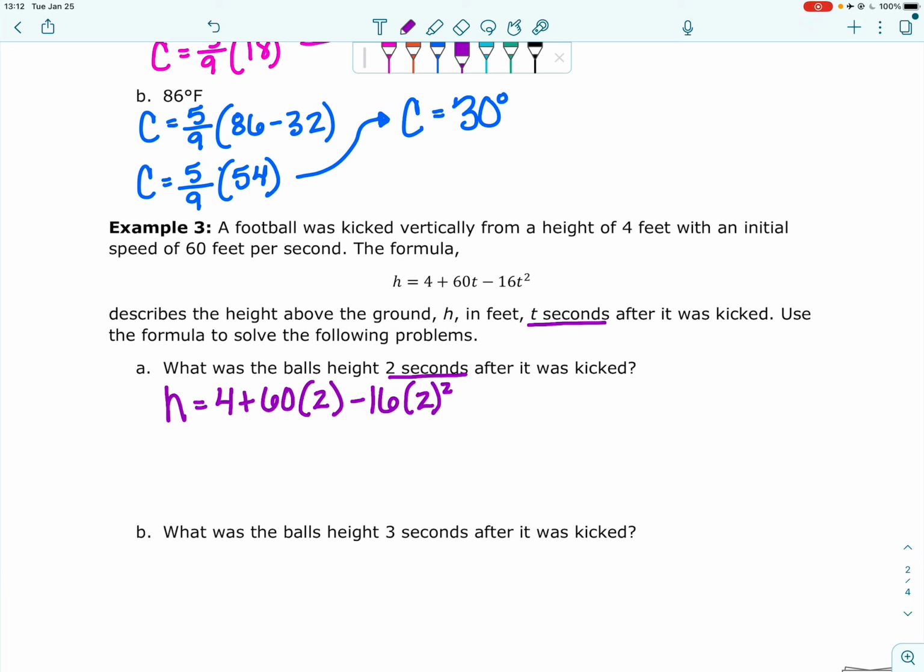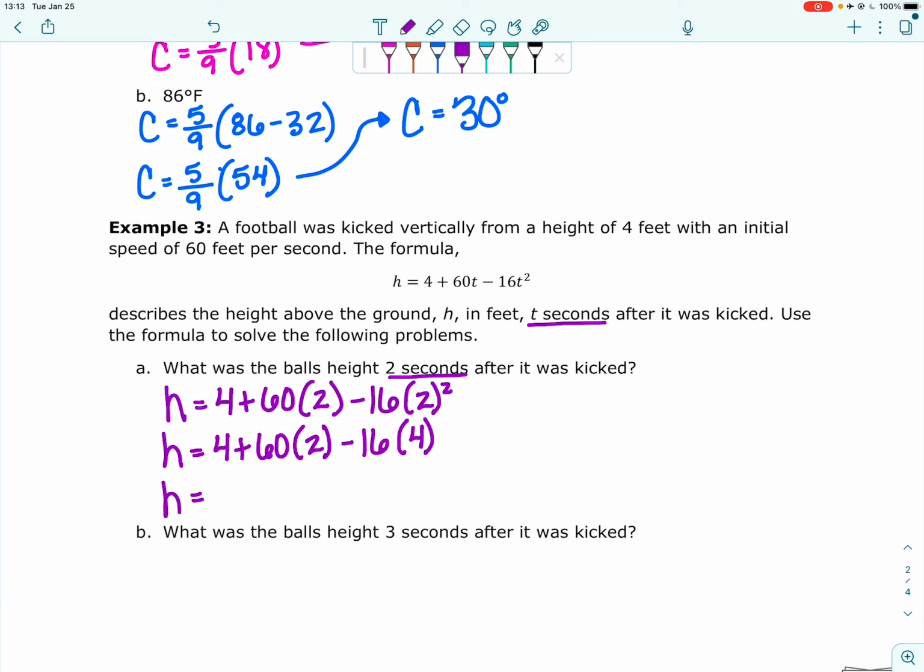So I have parentheses here, but I'm using parentheses to show that I'm multiplying. There's nothing happening inside the parentheses. So what I have first is an exponent. So H equals 4 plus 60 times 2 minus 16 times 2 squared. 2 squared is 2 times 2, which is 4.